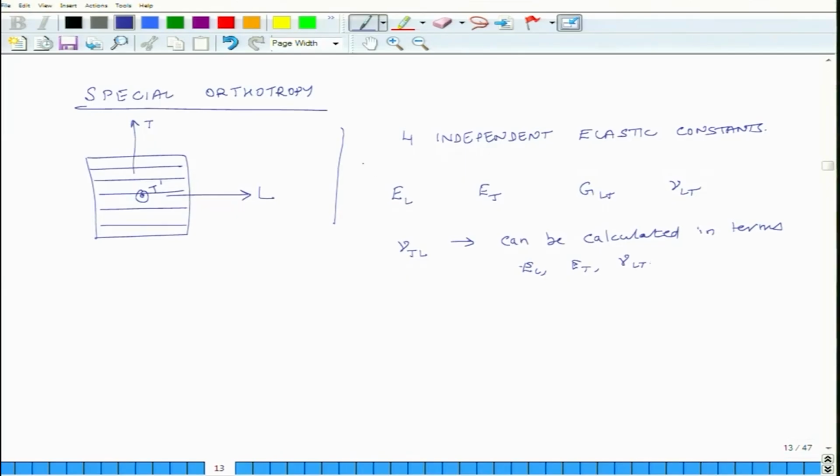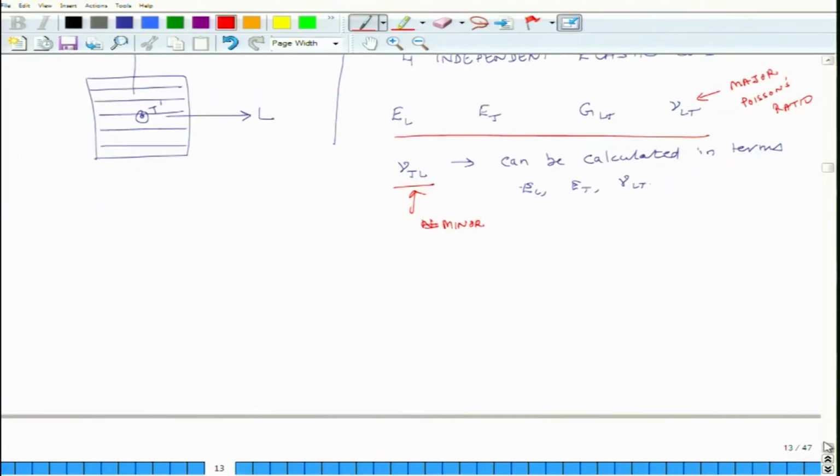So, these are the 4 independent elastic constants. This one, mu LT, is called the major Poisson's ratio. We have discussed this earlier. And this one is known as the minor Poisson's ratio. Now, let us look at the stress strain behavior of this material.